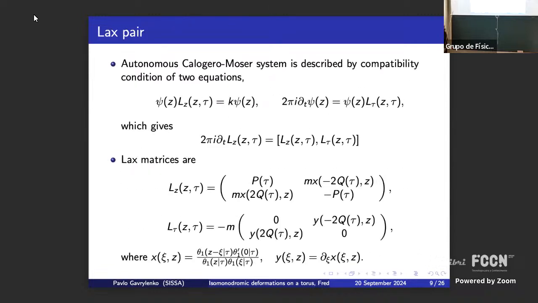There are two different Lax pairs for the Calogero model. One is due to Krichever, another was written by Kazhdan and Kostant, maybe among the authors. In the first case, we have some parameter in the modular properties of the Lax matrix itself.